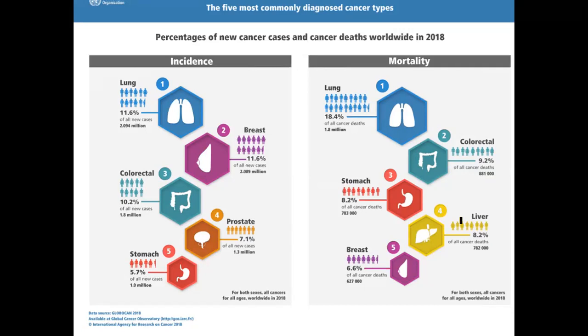You can even look at the Global Cancer Report of 2018. Prostate cancer, in terms of leading incidence, is fourth. In terms of mortality, it is lung, colorectal, stomach, liver, and breast cancer. Prostate was not even here.